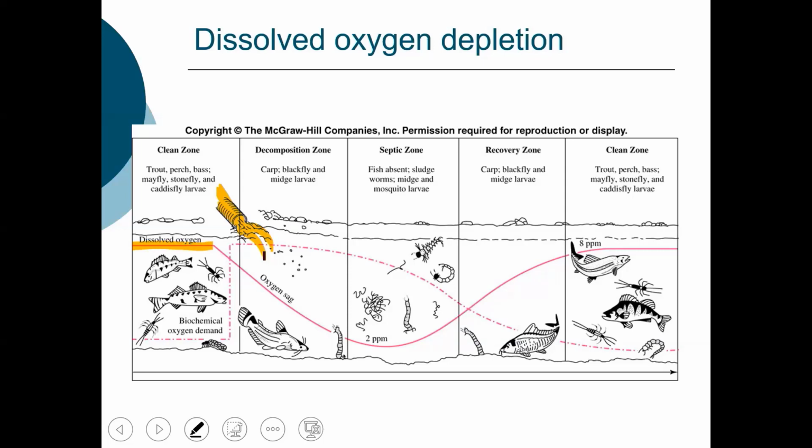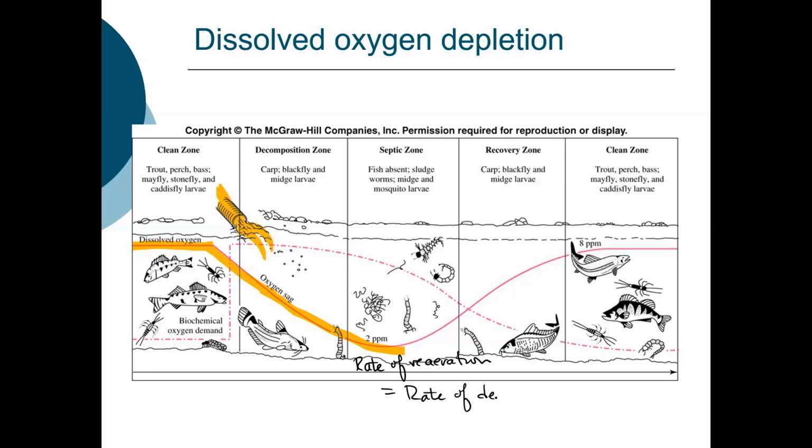We have discharge, and now the microorganisms are consuming the organic material, degrading that material, consuming oxygen until a point where the rate of reaeration is equal to the rate of decomposition.